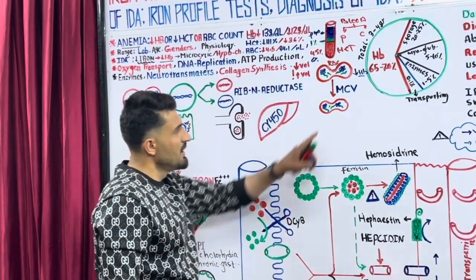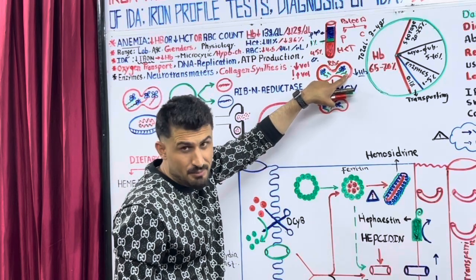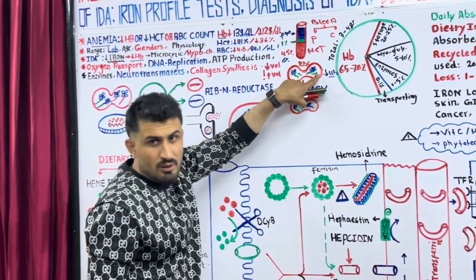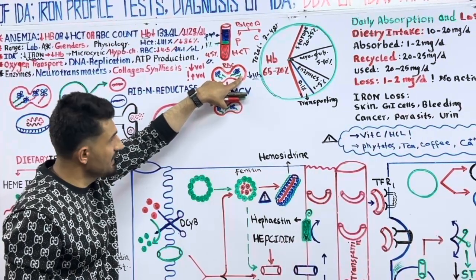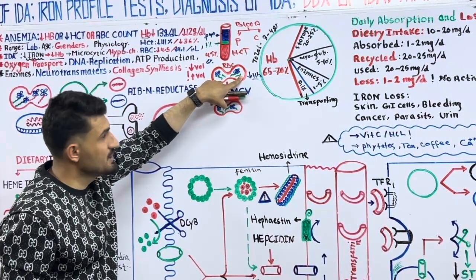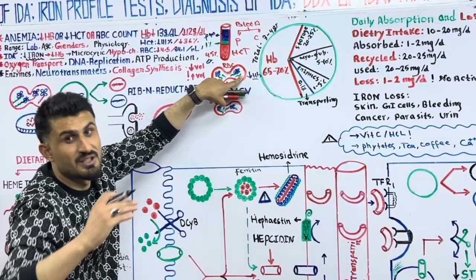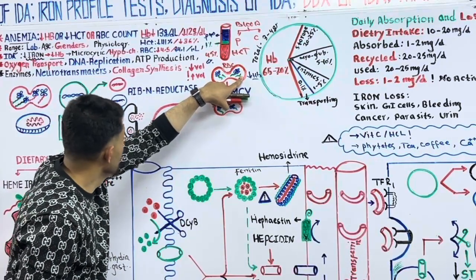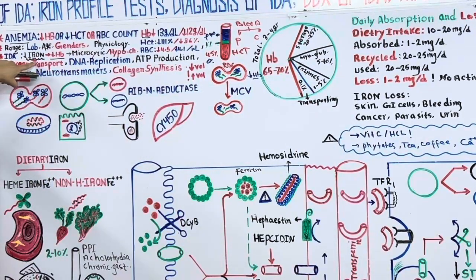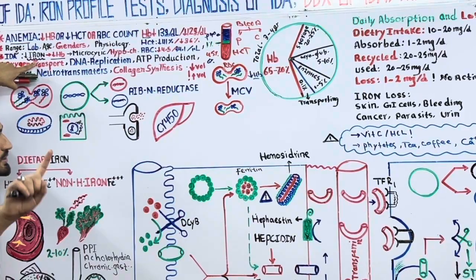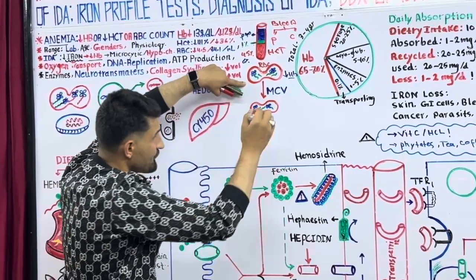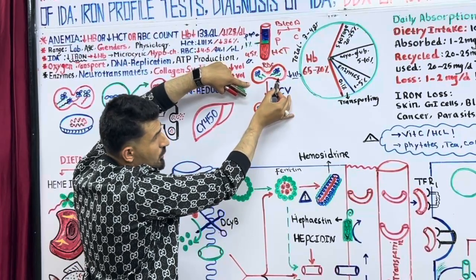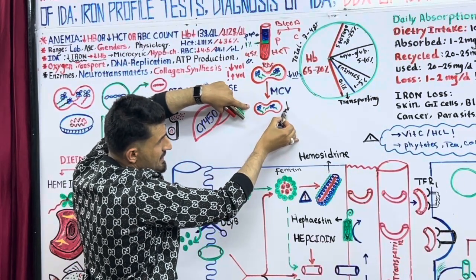Listen to me carefully. This is hemoglobin inside the RBC. Hemoglobin is an important and essential protein inside the RBC which transfers oxygen to the tissues. Now, to make hemoglobin, we need iron. This is one point. When you don't have iron, you cannot make hemoglobin. Now, when you have less hemoglobin, RBC size decreases.